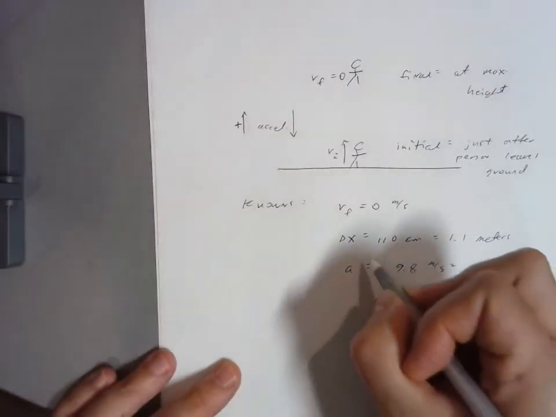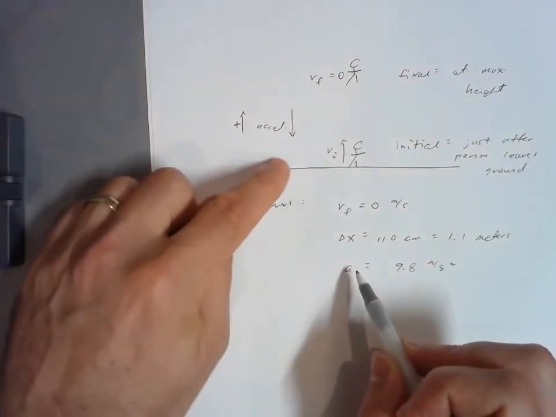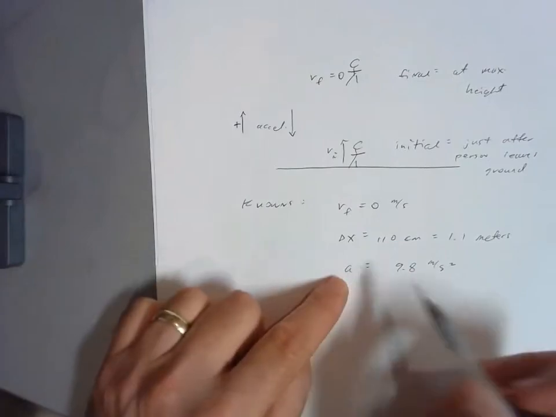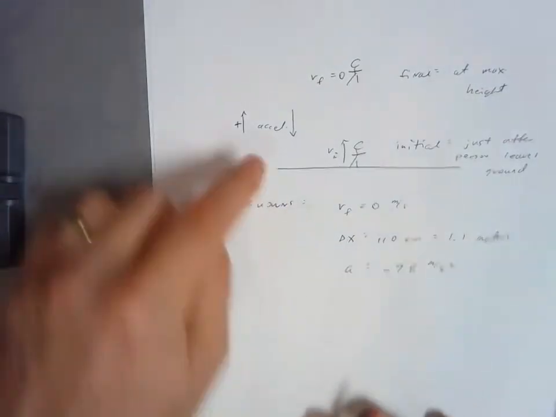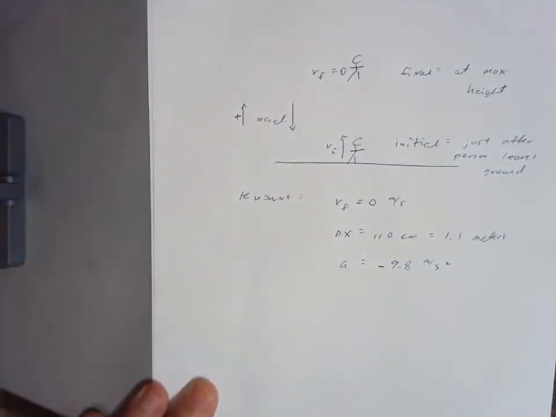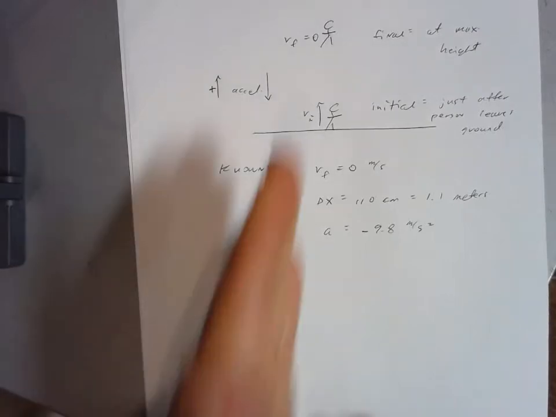Therefore delta x, the guy's displacement, is a positive number because he moves up on the number line. However, the acceleration has to be a negative number because that's pointing down, whereas we define positive as up. Alright, so we've done step 7. We've got our 3 knowns, and 3 is what you will always need to solve a DVAT problem in motion in one dimension for any of the unknowns.